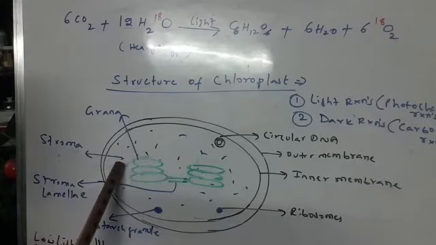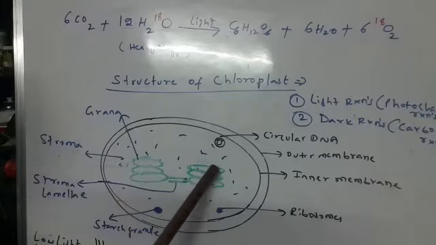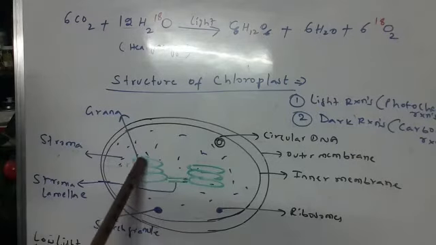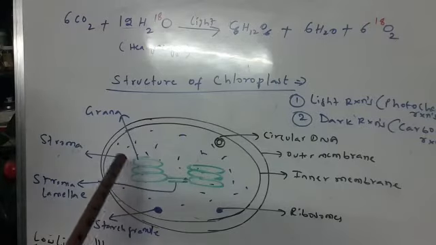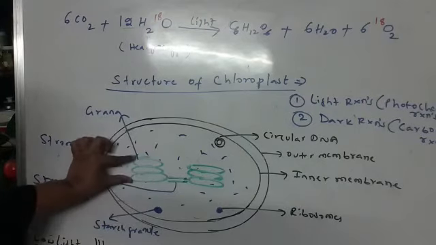In this stroma, thylakoid membranes are present. Now we can observe the green colored membranous layers. This membranous green layer is nothing but the thylakoid membrane. This thylakoid membrane is folded, forming piles of coin-like structures.